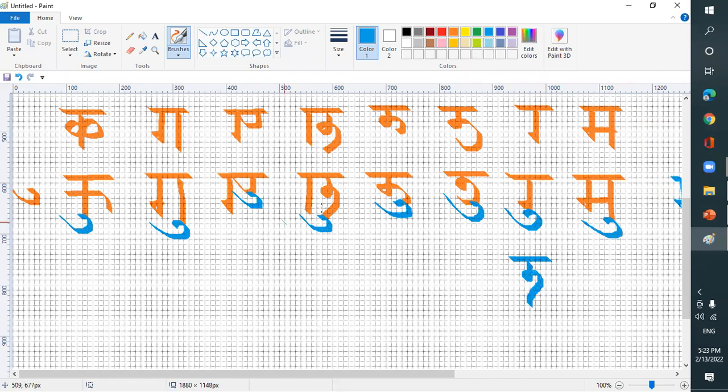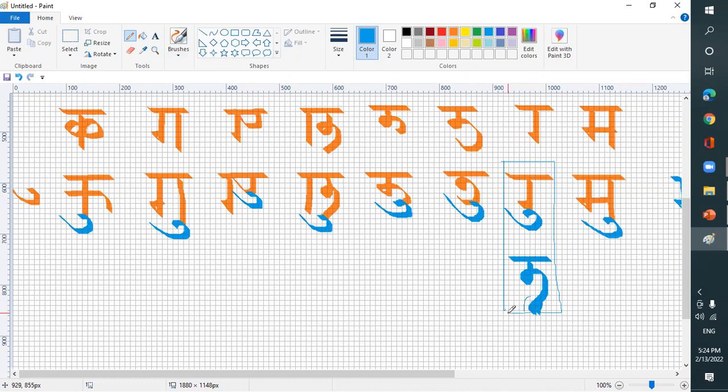It is almost like that, but here it is coming in fully, and here this particular portion comes slightly out. This is also one way of writing ru, but both are okay.